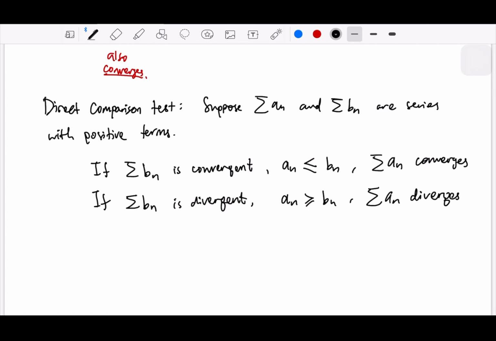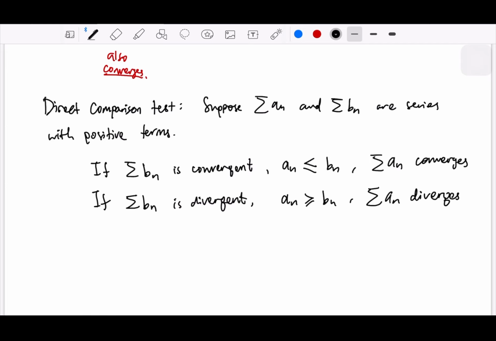And if Bn is divergent, this Bn should be smaller than An, so of course the series should be divergent. If this condition is not satisfied, then we are unable to conclude whether it is convergent or divergent.